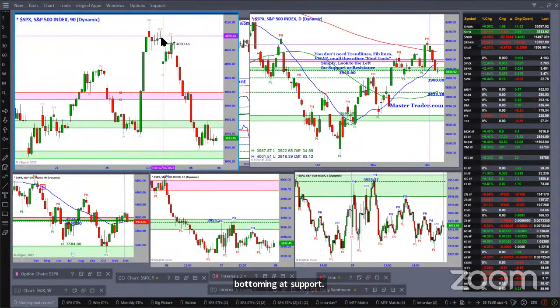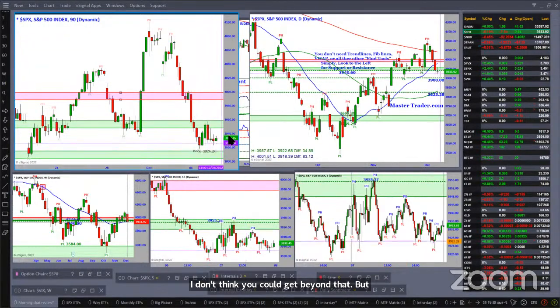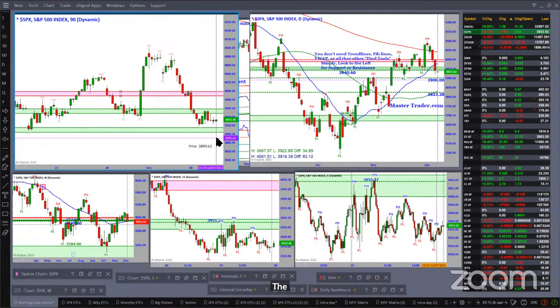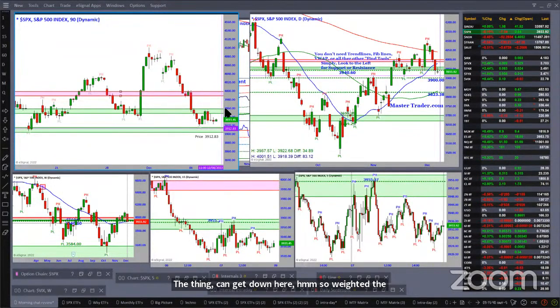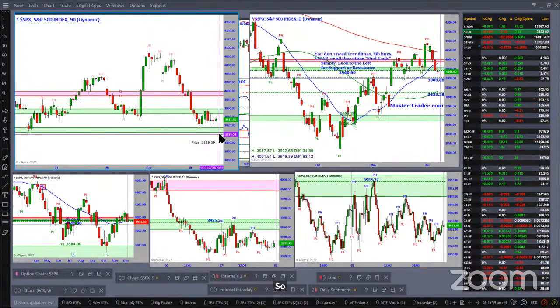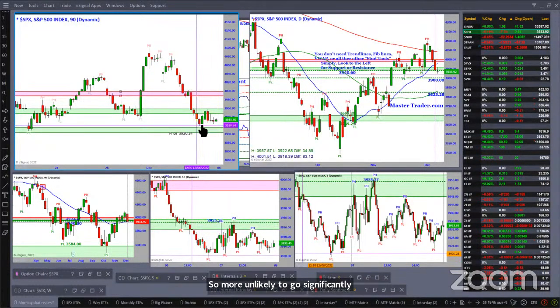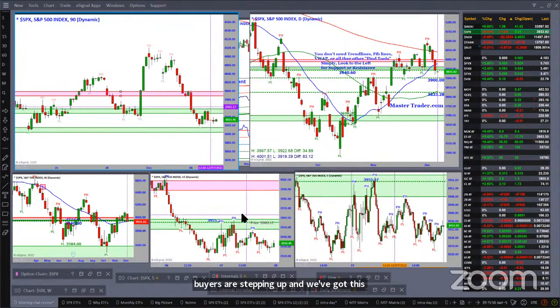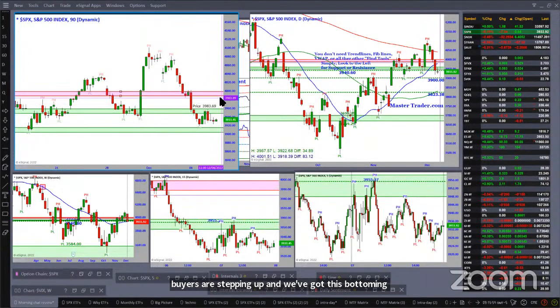But after prices have traveled this far over so many days, to think, can it get down here? Right? So weight of the evidence, where's support, where's resistance, what's reasonable? So more unlikely to go significantly lower. And as buyers are stepping up and we've got this bottoming pattern, which we reviewed already, the possibility of at least going up.